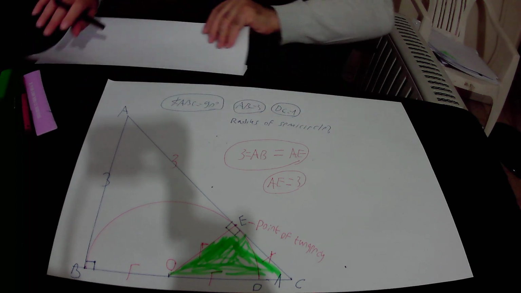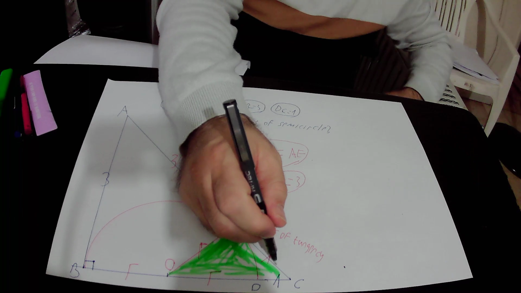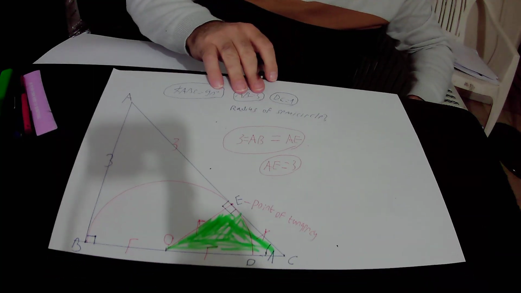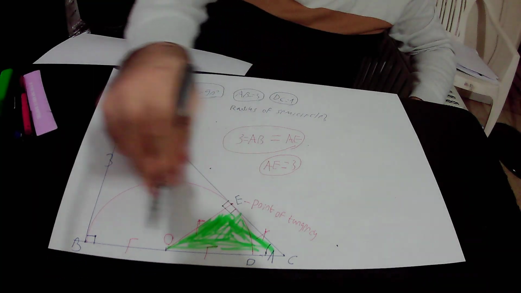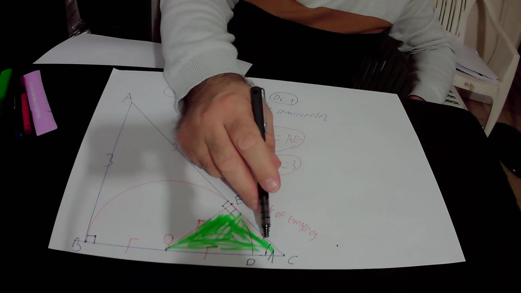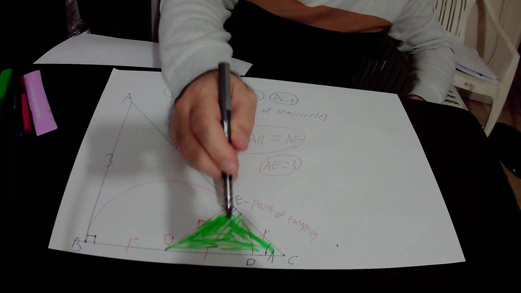And we have also this angle, which is a common angle, that is to say it belongs to both triangles. It belongs to the big triangle ABC, and this angle also belongs to the green small triangle OEC.